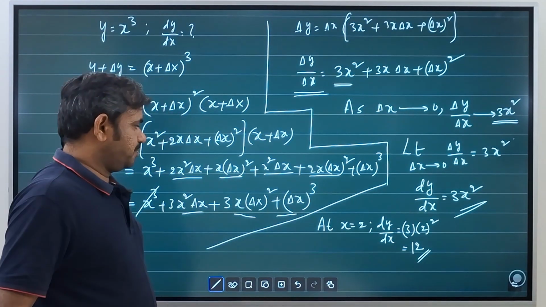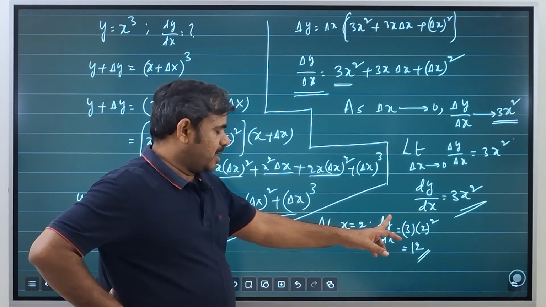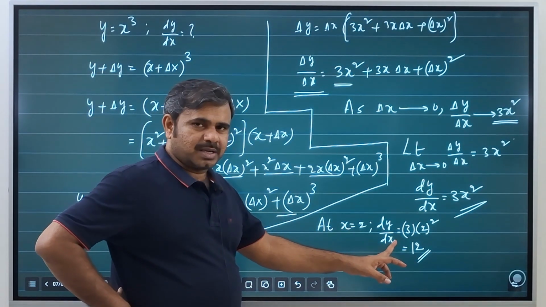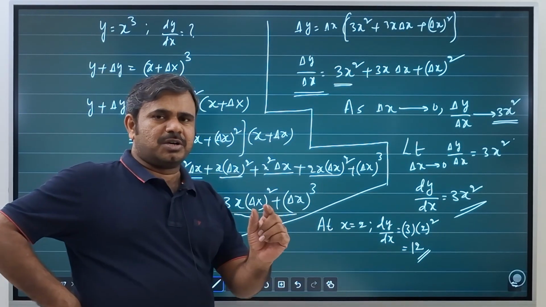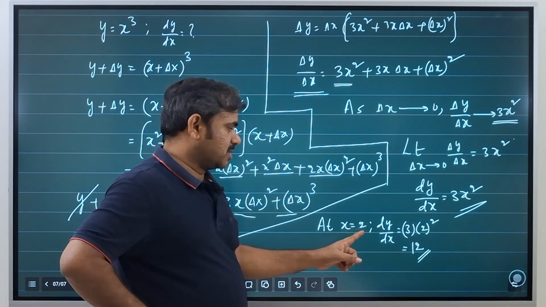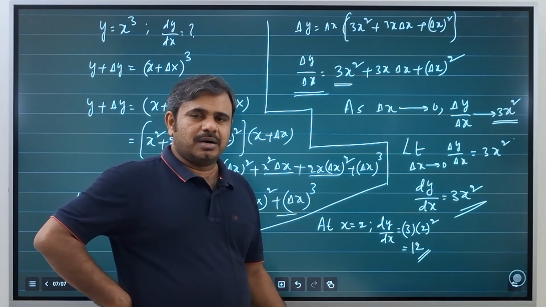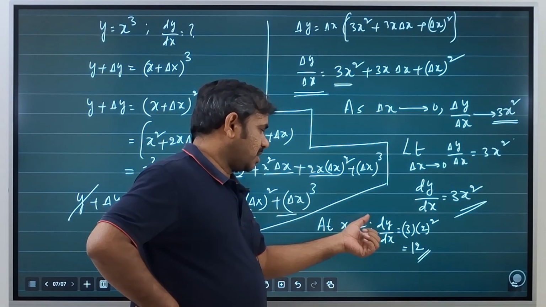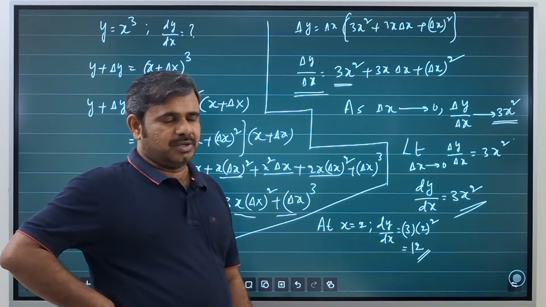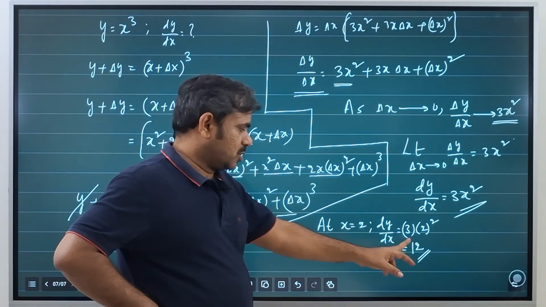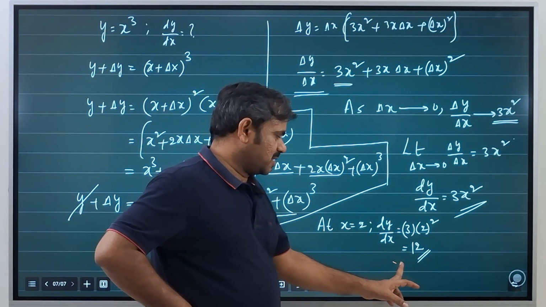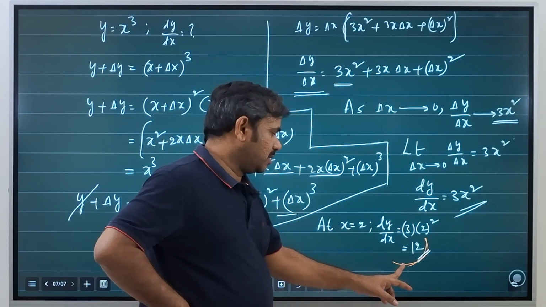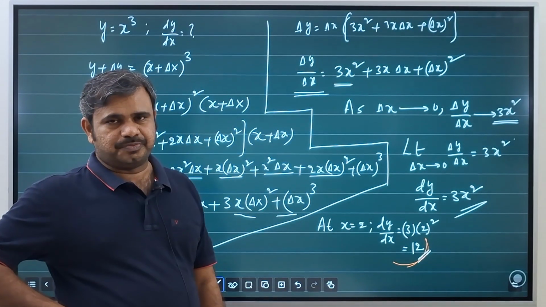That's what it means. So this is rate of change in y with respect to x in a very small interval constructed around x is equal to 2. Or we would say this is rate of change in y with respect to x at x is equal to 2. So dy by dx is equal to 12 means rate of change in y with respect to x is equal to 12 at x is equal to 2.